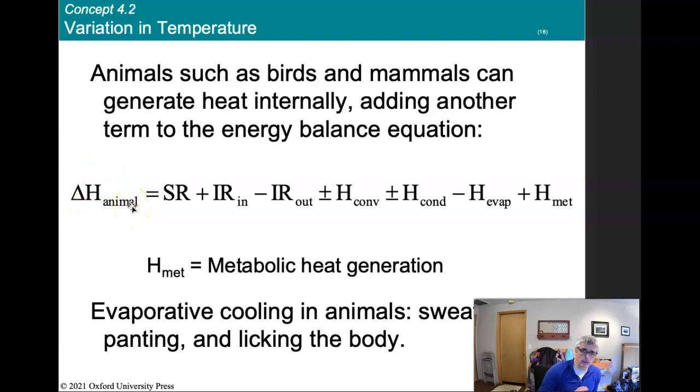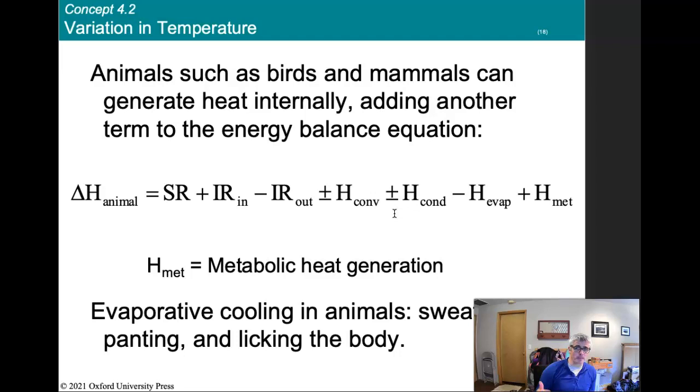Change in heat within the animal. Solar radiation, again, always positive. Infrared energy in, always positive. Infrared energy out, always negative. Change in heat by convection or conduction depends on the relationship between the environment and the organism.